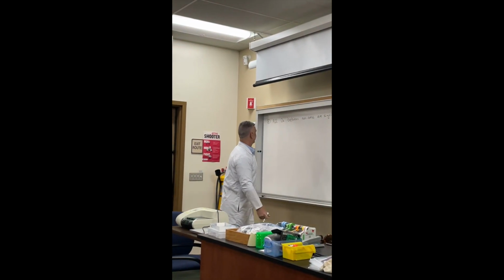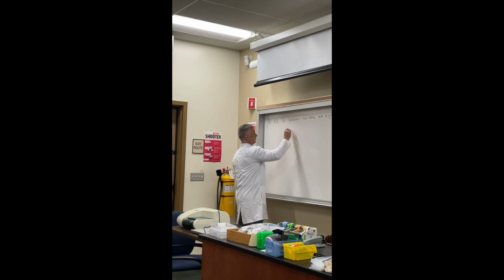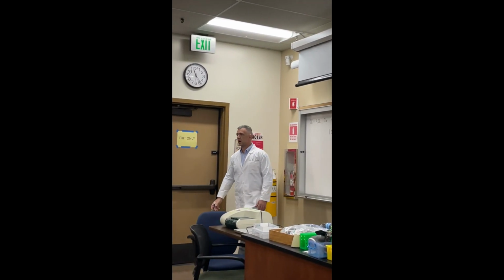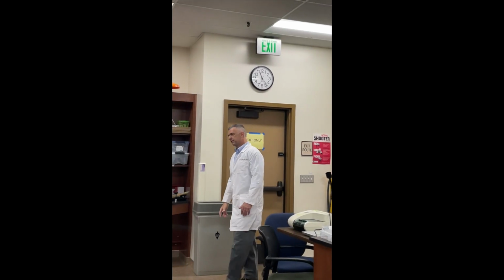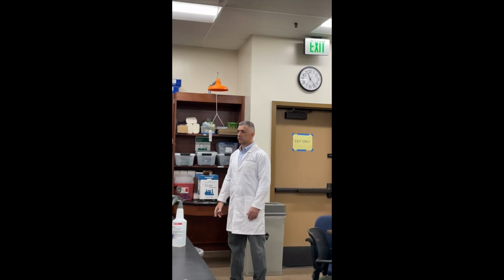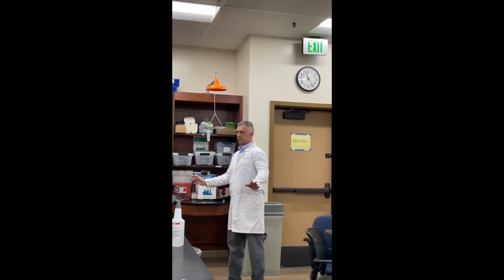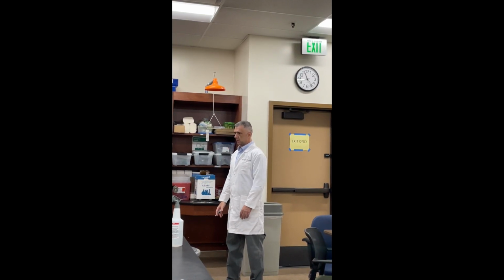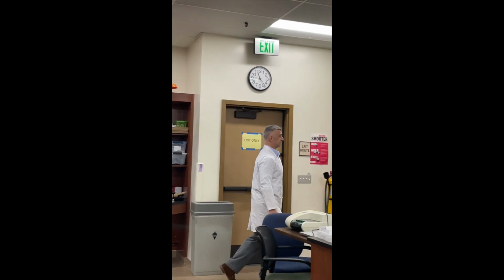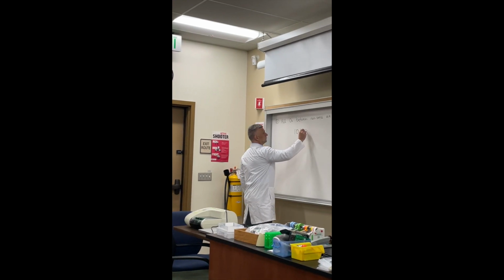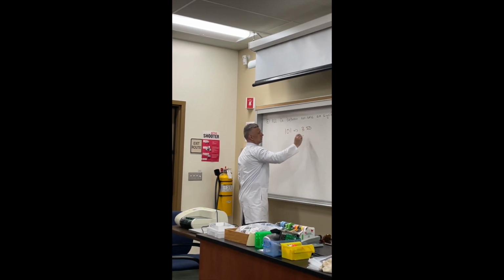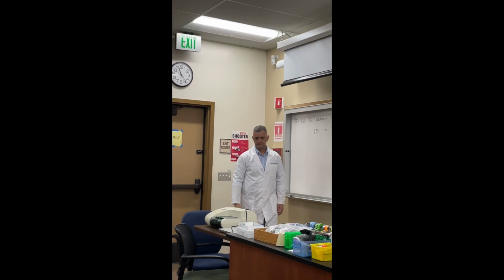So, here's an example. 101. That 0 is between 2 non-zero numbers. If and only if you can actually accurately measure 101 units of whatever it is you're measuring, then that 0 is significant, and so this has 3 significant digits.